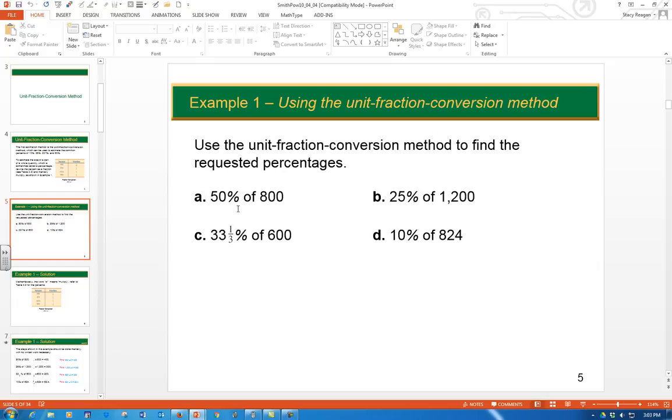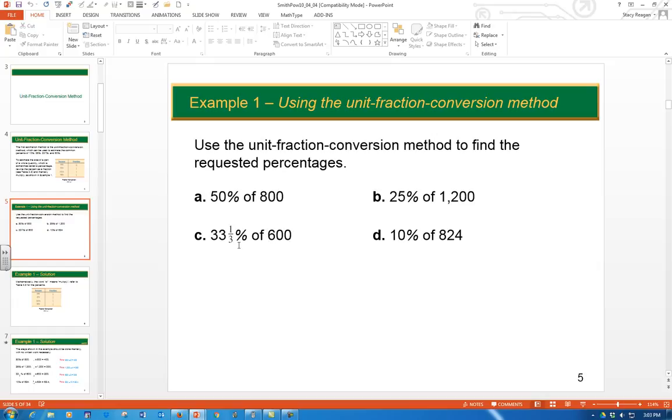50% of 800. So half of 800, 2 into 800 would be 400. So 50% of 800 would be 400. 33 1/3% of 600. 3 into 600. 3 goes into 6 twice, so that would be 200.